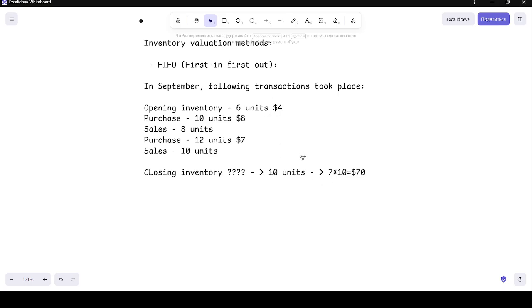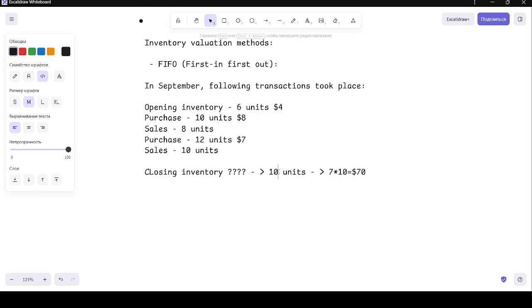What happens if we had 14 units, right? You may have this kind of question. We take 12 at $7, and we look at the previous purchase of 10 units, plus 2 is another one, 12.